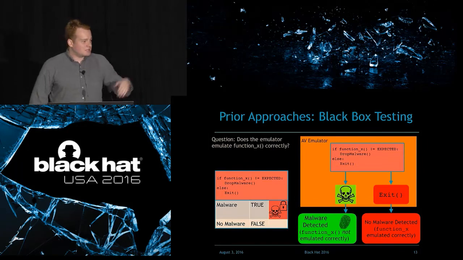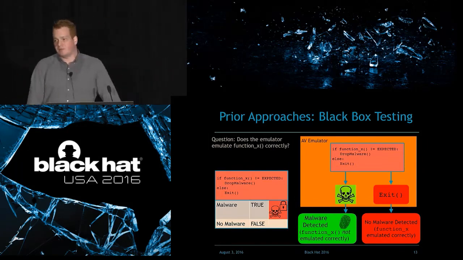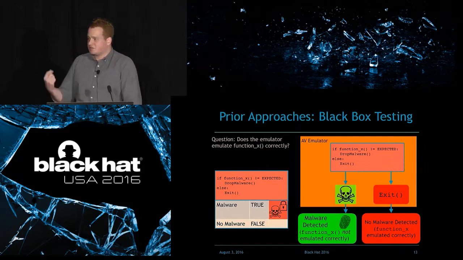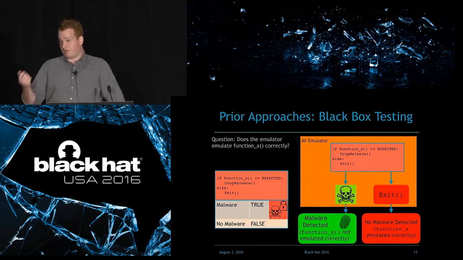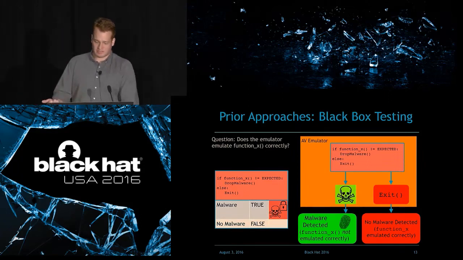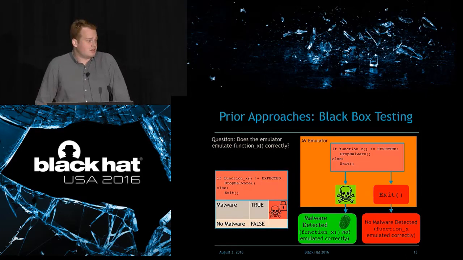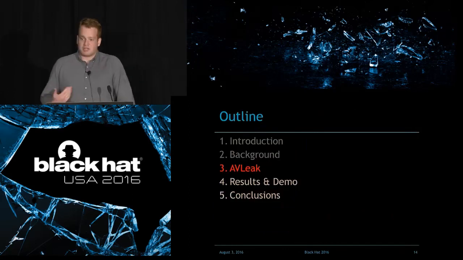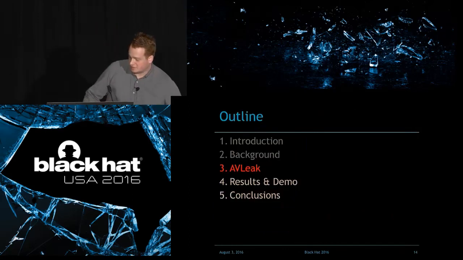And the AV comes back and says, hey, we found malware or we didn't find malware. So this is a 1-bit side channel. It answers a single true or false query with each run, with each scan of a given piece of malware. But as you can see, this is very slow, and it's best suited to finding negative results, so things that are not emulated correctly.